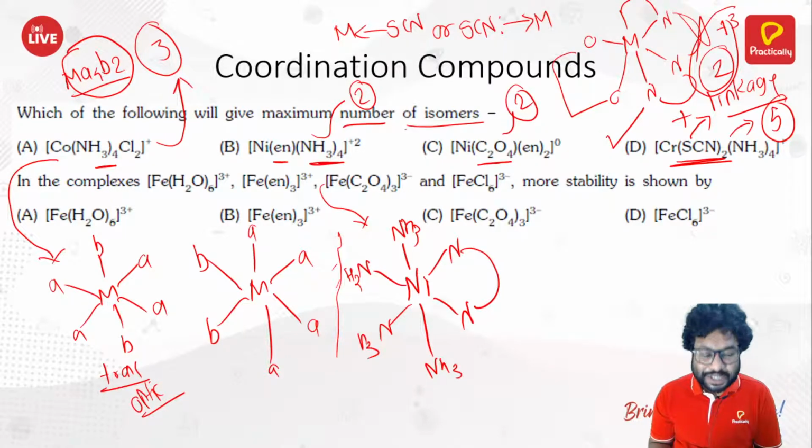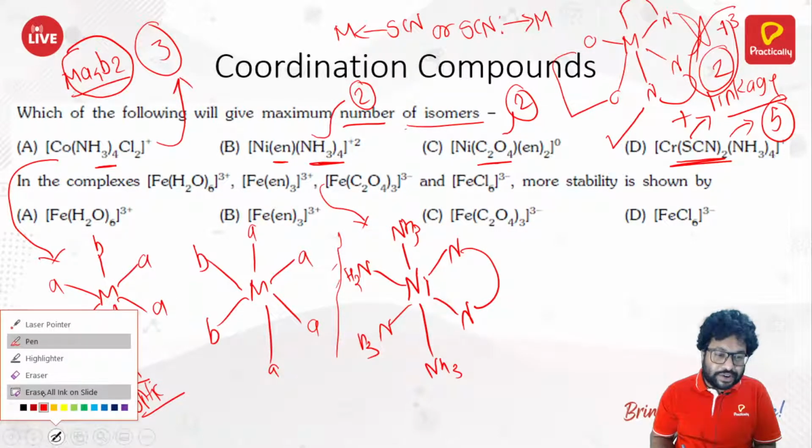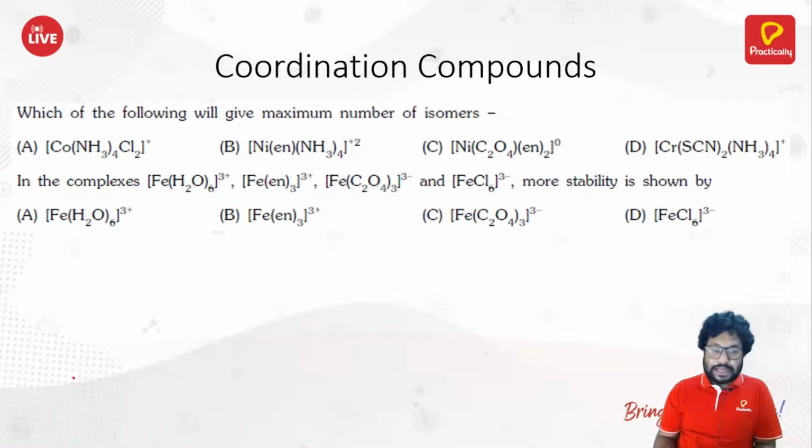Okay. Moving ahead. I hope you must have enjoyed this session a lot. Last question. In the complexes Al(H2O)6 3+, En3 3+, and so on, the more stability is shown by which one?